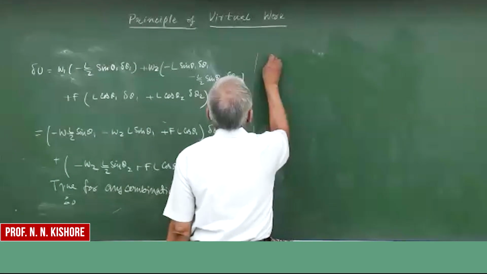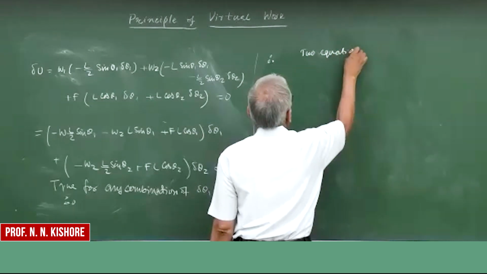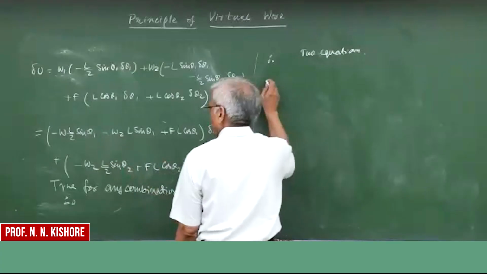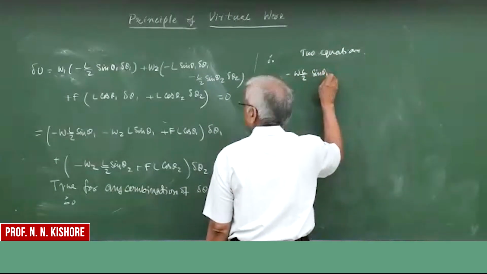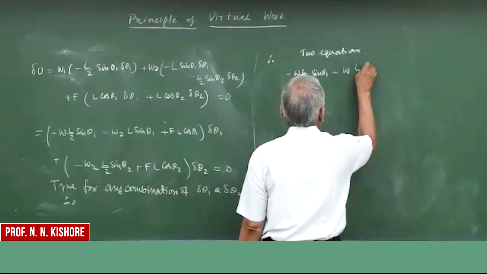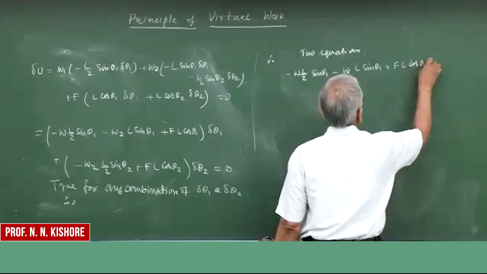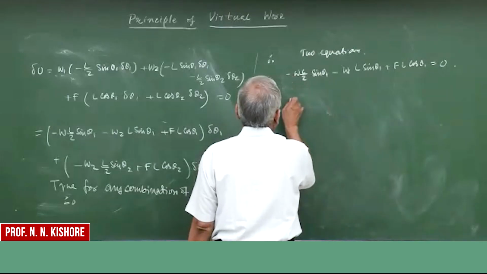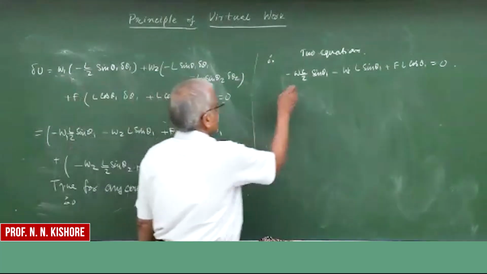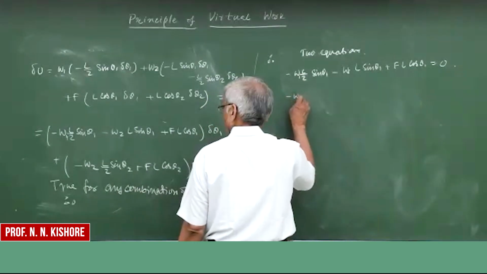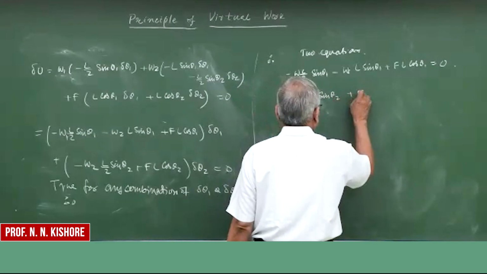therefore we have two equations. The first one is in the bracket: minus W1 L by 2 sin theta 1 minus W2 L sin theta 1 plus F L cos theta 1 equals 0. That's one equation, and the second equation is minus W2 L by 2 sin theta 2 plus F L cos theta 2 equals 0 as well.